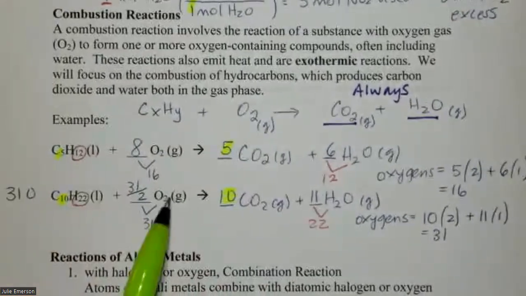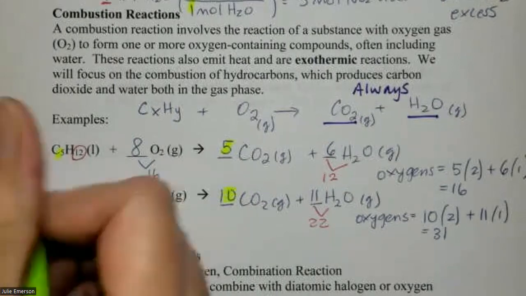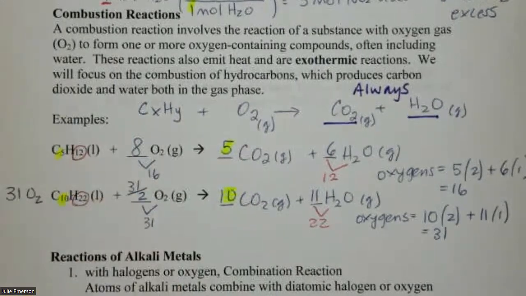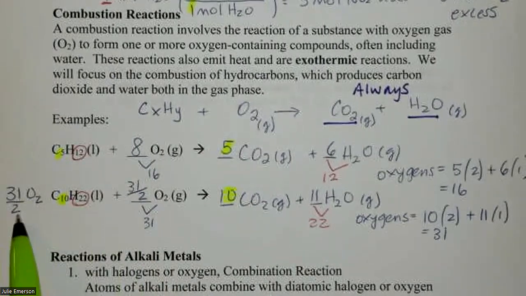You can't take off the subscript of 2, because going back to something we talked about earlier, oxygen has to be O2, right? Oxygen gas, you can't just say O. So it has to be O2, which means this has to be 31 divided by 2. So if I now think of it, 31 divided by 2 times 2, it's still 31, there's my 31 oxygens.